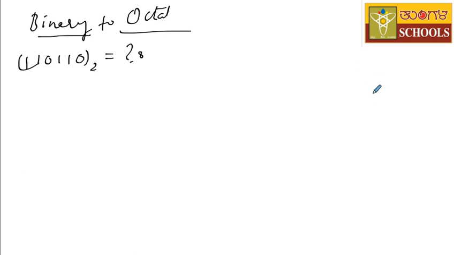Before this, I think you know how to convert a binary number into decimal. Yes, that is by multiplying the base, that is 2, raised to the respective powers. If we add all those digits, we will get the equivalent decimal number. Fine. Then if the binary number is given, how to convert that binary number into the equivalent octal number?